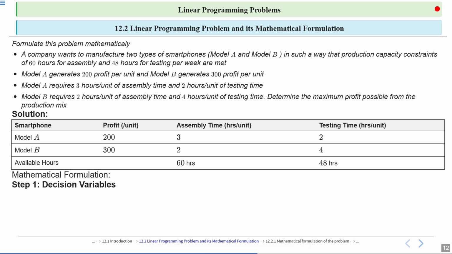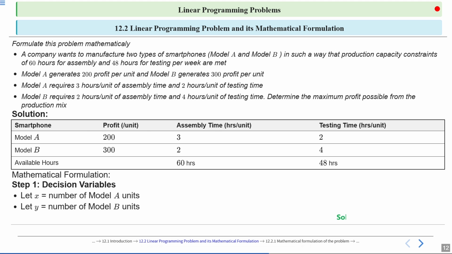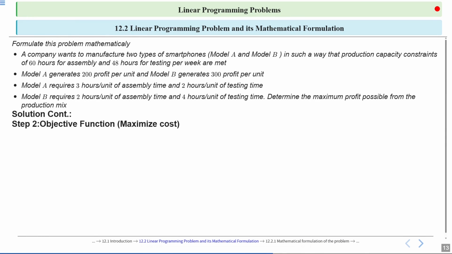So now let's see step 1. Here in step 1 we identify decision variables. Let x be the number of model A units and let y equal the number of model B units. Step 2 involves identifying the objective function, which in this case is to maximize profit.